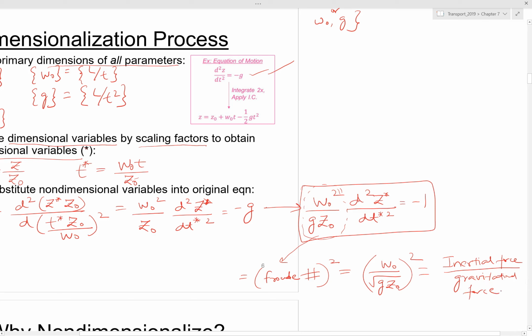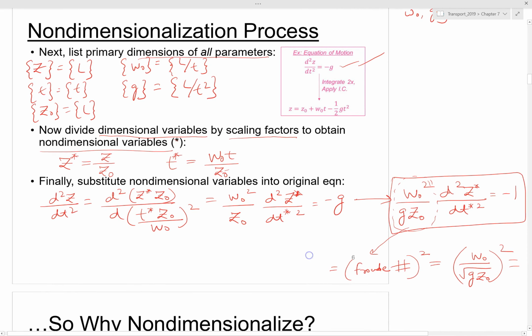So this number tells you the tug of war going on between inertial force and gravitational force. And so essentially you can now write your equation of motion under free falling gravity using your Froude number.